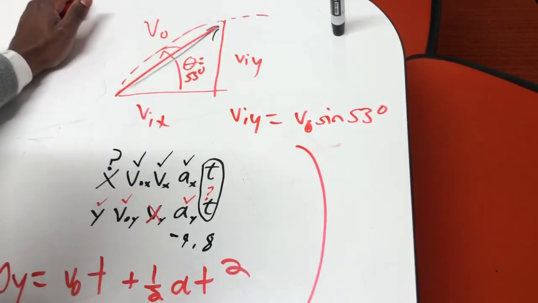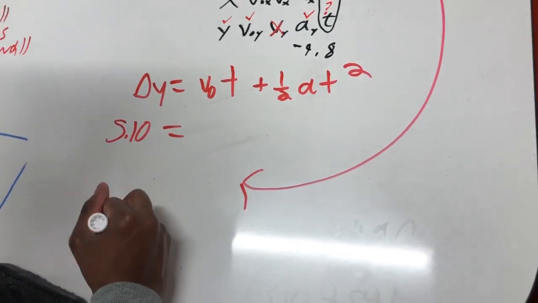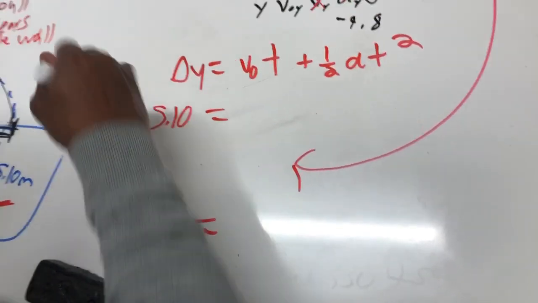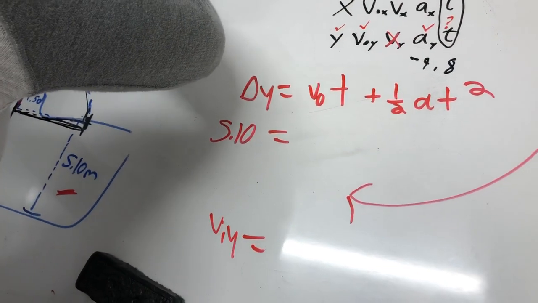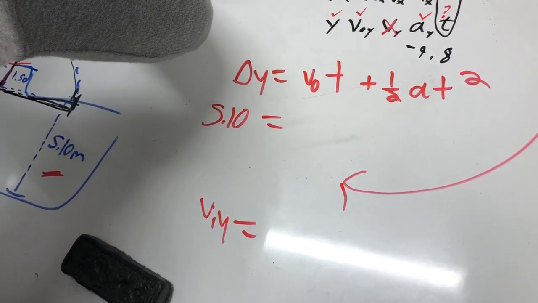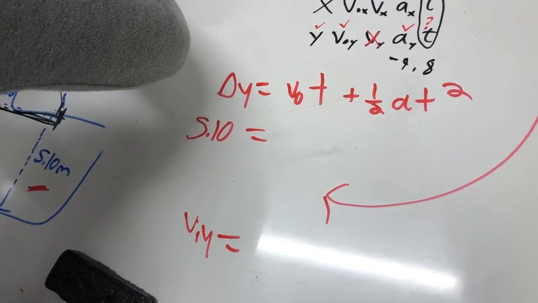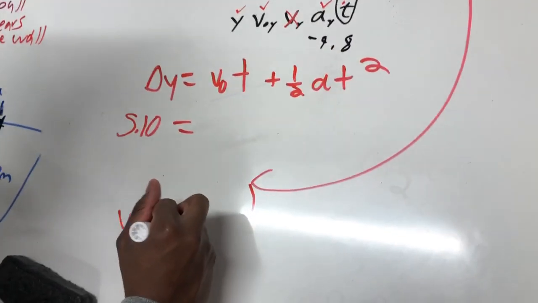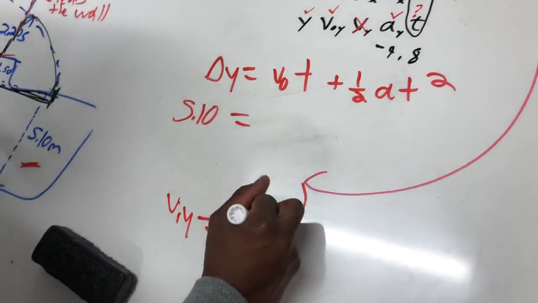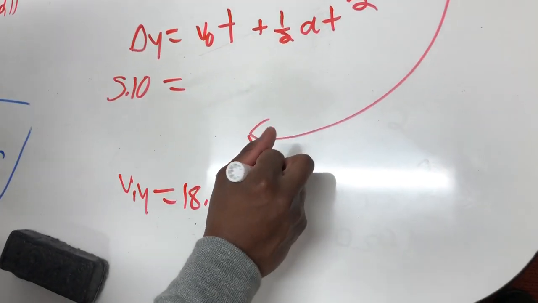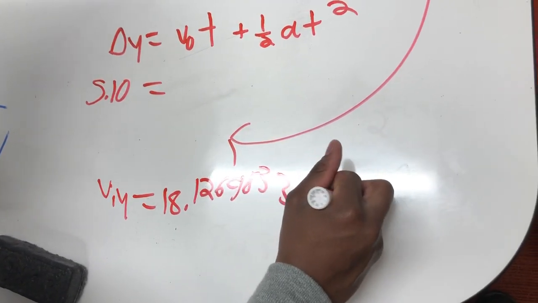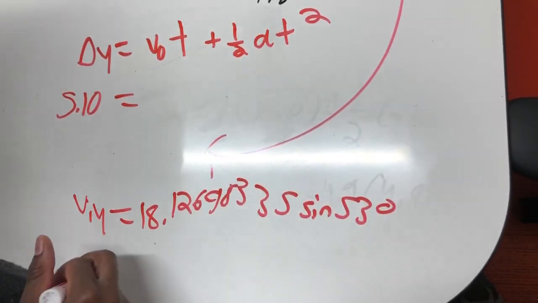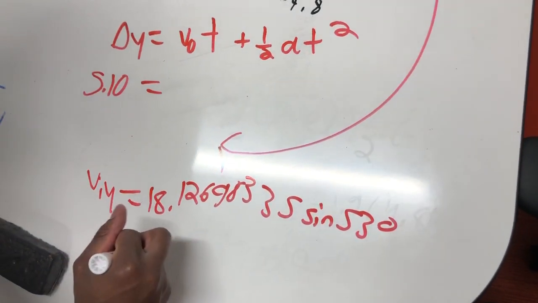So the initial velocity in y equals my VO, which is 18.126983335 sine of 53 degrees.